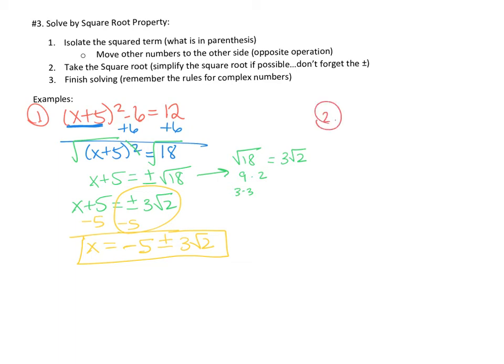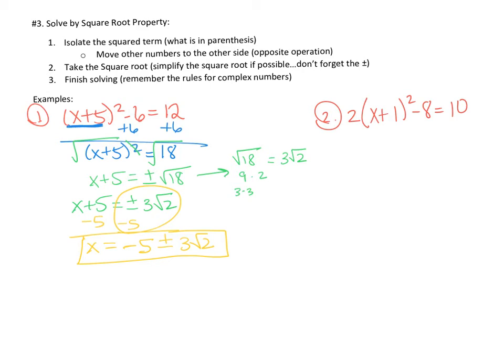Let's say we have 2 parentheses x plus 1 squared minus 8 equals 10. In this case, we see that we've got this squared expression here.